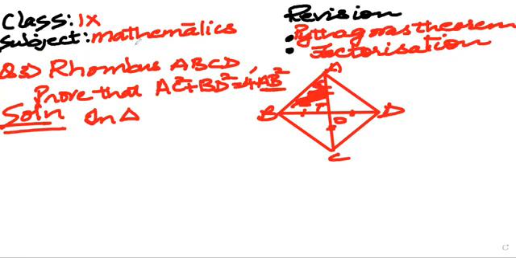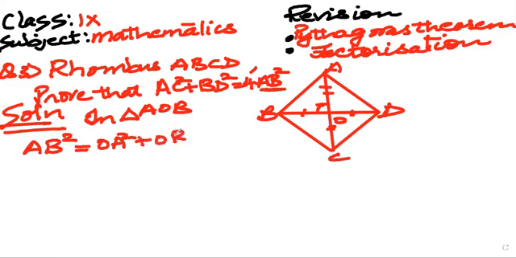So in this right angle triangle AOB, can you tell me what will be the Pythagoras theorem for this? You can apply Pythagoras theorem in this because it's a right angle triangle. So hypotenuse square, that is AB square, will be equal to OA square plus OB square.